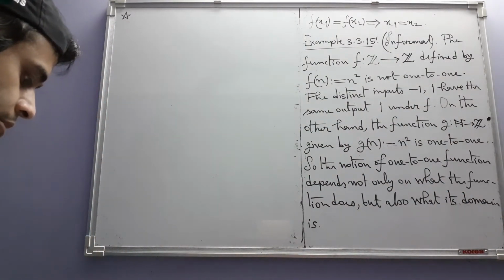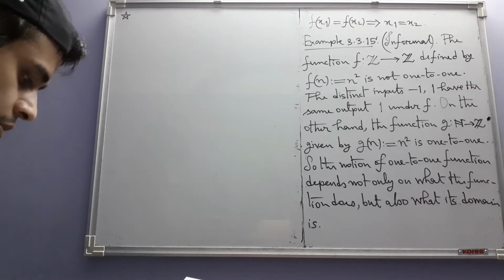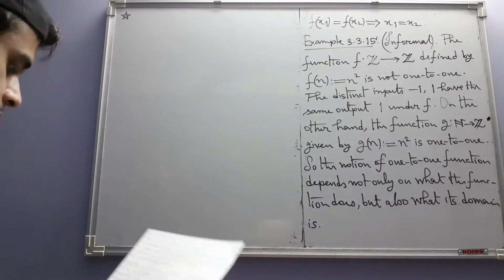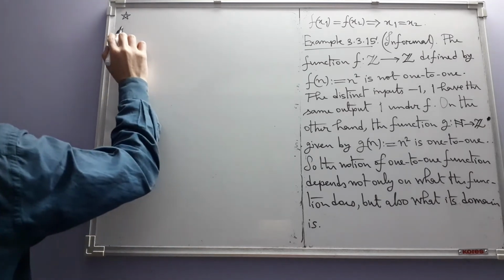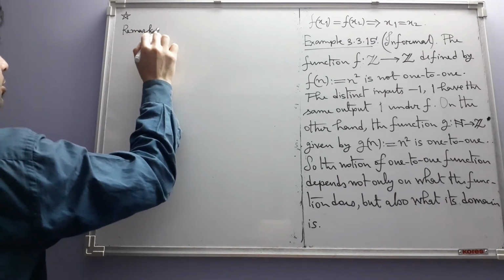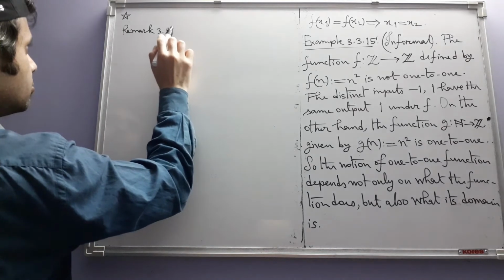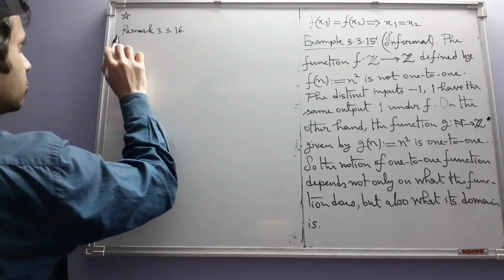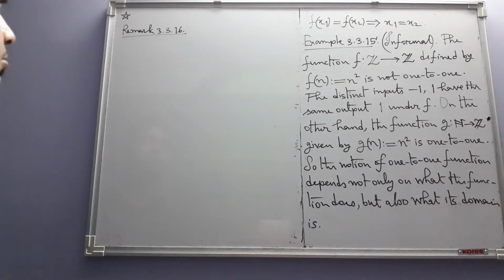And after this, of course, we have the notion of an onto function, but before that there is a remark. And this remark is also important to keep in mind. It tells you the condition that you should be looking for when you want to show that a function is not one-to-one.